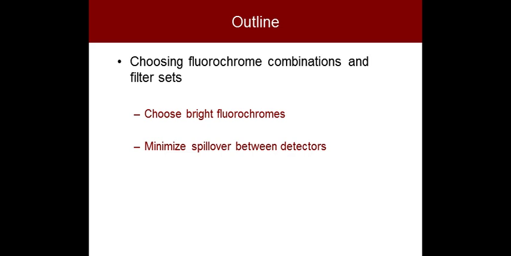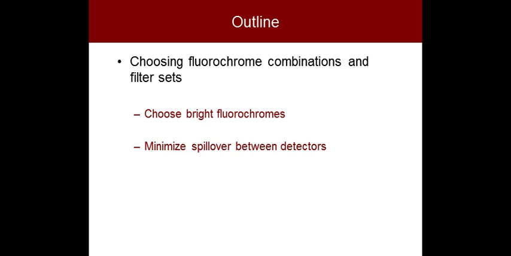Hopefully, if you are using a core facility, they can provide you some information on that. They should be able to tell you, these are the channels. We have a blue laser, we have a red laser, we have a violet laser, and you can do these colors off of the blue, these off of the red, and these off of the violet, for example.